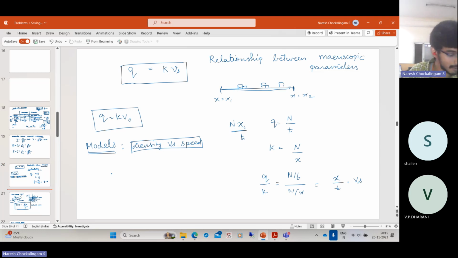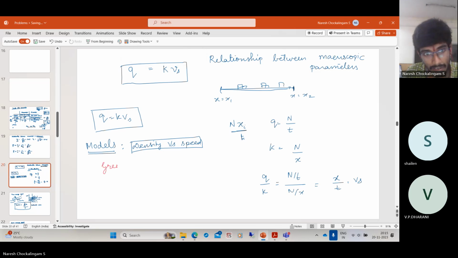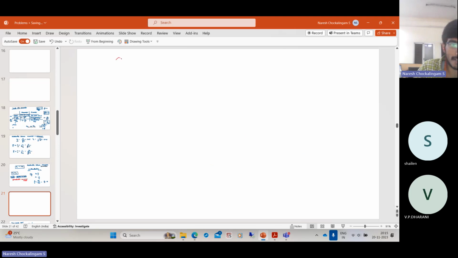So one thing that we have is called the Greenshield's macroscopic model. In that they assume that as the density increases, so here on the x-axis we have the density, and on the y-axis we have the space mean speed.